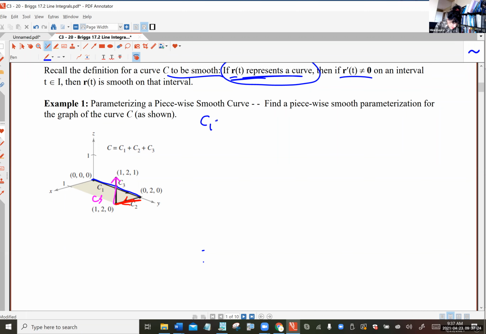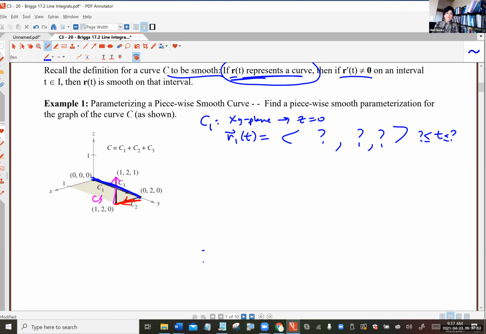So C1. Notice that C1 is in the XY plane. What does that mean? It means that z is equal to 0, or the third component is zeroed out. So when we try to get a vector valued function, and also we need the time range, these are all the things that you have to tell me when you're parameterizing.